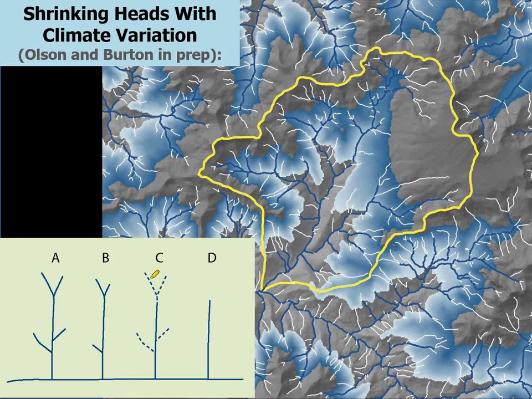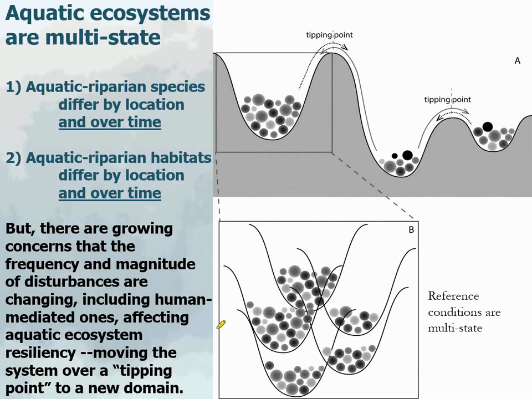You may get a spatially intermittent pattern, as shown by this one here, C, or you may just have some of the topmost parts of that headwater going dry, and that might be a seasonal variation in the warm, dry summer, for example. So that is a type of natural variation, a natural type of disturbance for these headwaters.